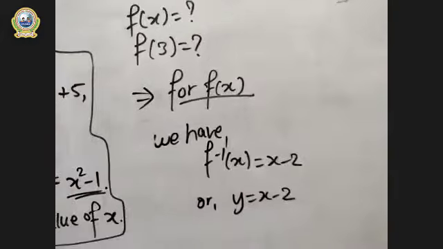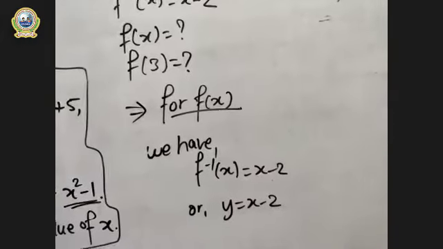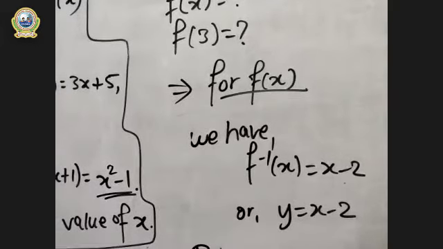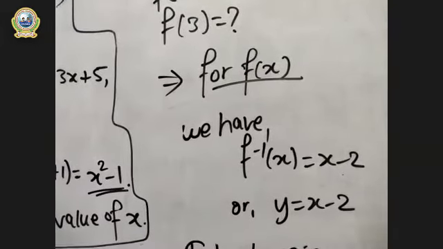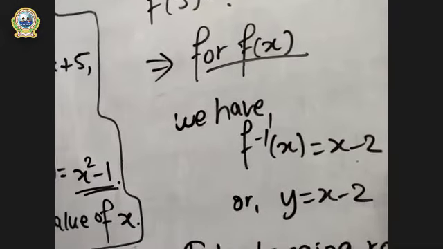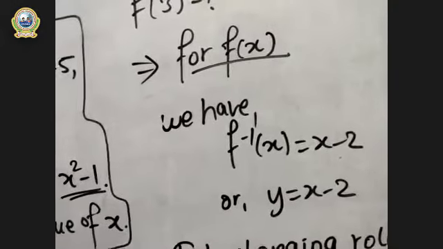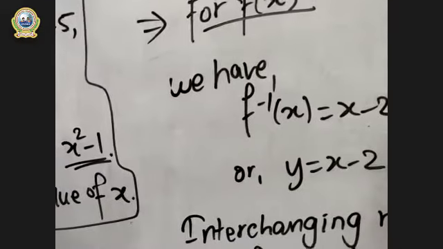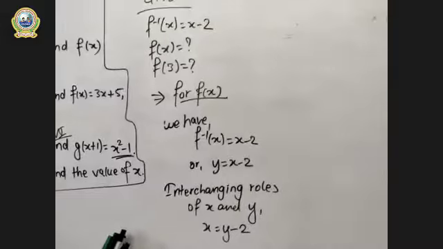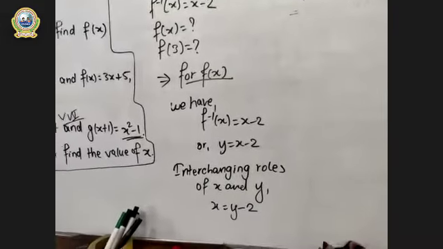Then follow the same exact method. Now we interchange the roles of X and Y. We have X is equal to Y minus 2. Now make Y alone.